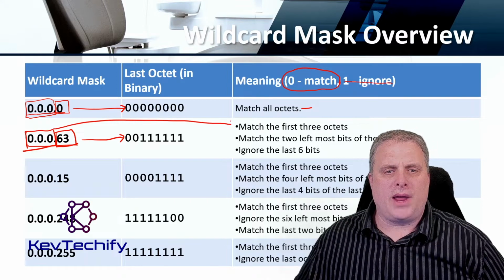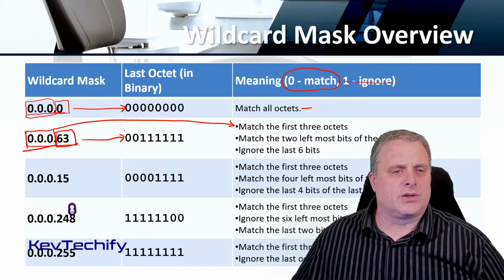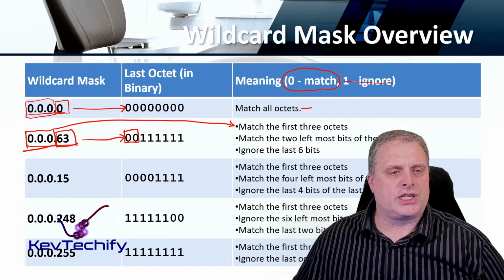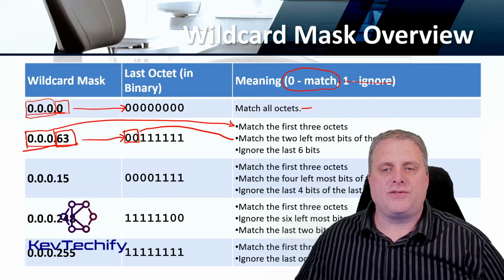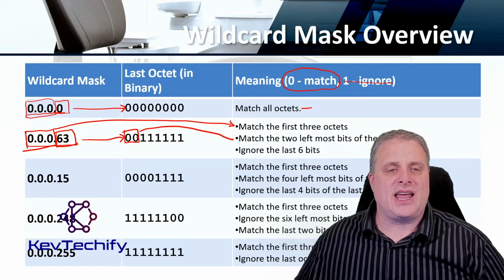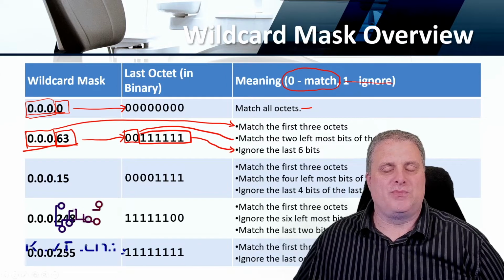That means we want to match the first 3 octets. Then we have 2 zeros here. The left 2 digits here, they're 0s. Those are matching. That means we want to match the left 2 most bits of the last octet. And then finally, we have 6 1s. Those 6 1s means ignore the last 6 bits.